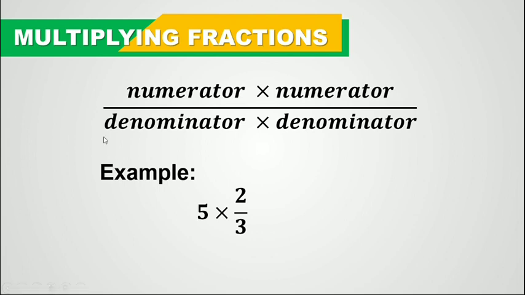So 5 can be rewritten as 5 over 1, because 5 over 1 is just equal to 5. And then times 2/3. Then perform this rule again: numerator times the numerator, denominator times the denominator. So 5 times 2, that's 10. And then 1 times 3, that's 3.